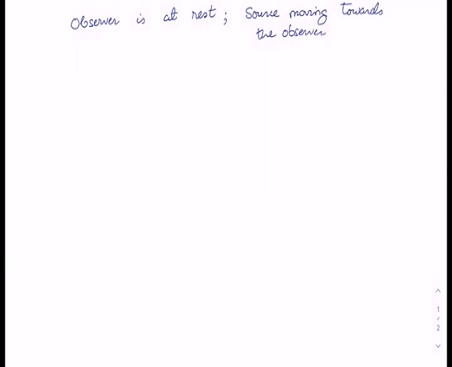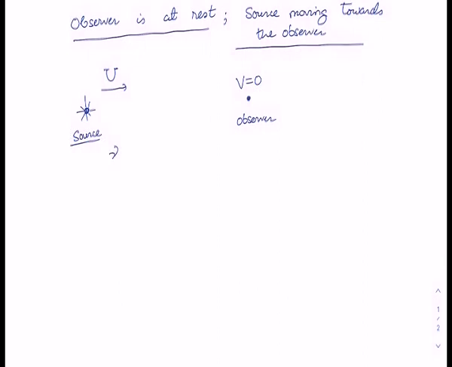Let us analyze this case first, where this is my source of sound, and this source is moving with some velocity capital U towards the observer, and the observer is at rest. So this is my observer and this is the source, and the source has a frequency of the sound, nu. Our objective is to find the frequency as measured by the observer.